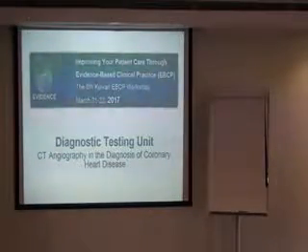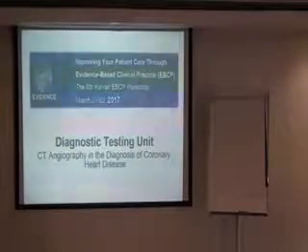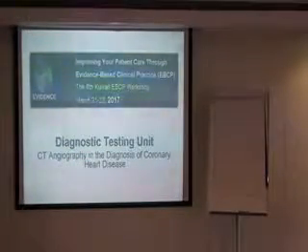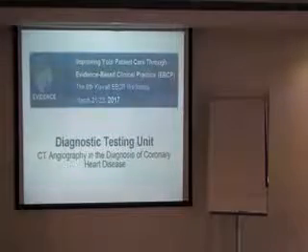Now, you get these words up on the page, right? And this could go for a randomized trial too, where you have your population, intervention, comparison group, and outcome. You have words up there.